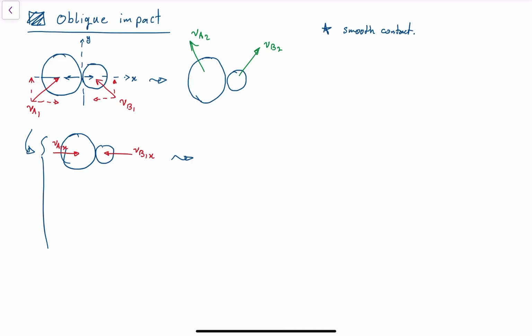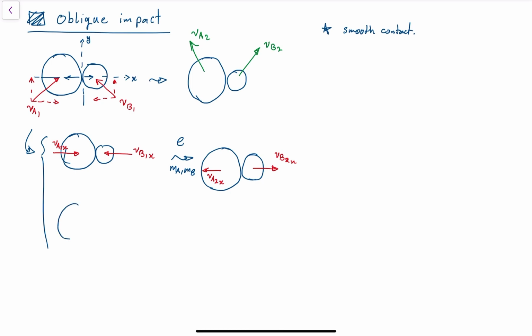It gives you, I don't know, something like this: VB2x and VA2x. And knowing the coefficient of restitution and the masses of the two particles, mA and mB, you can calculate what happens after the impact in the x direction, the direction that is along the line of impact.